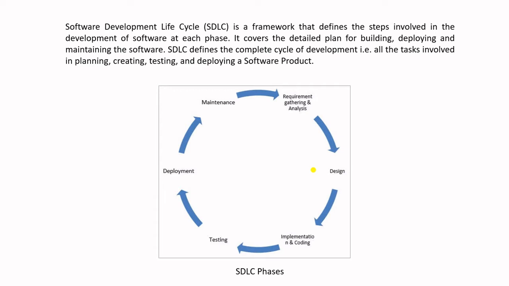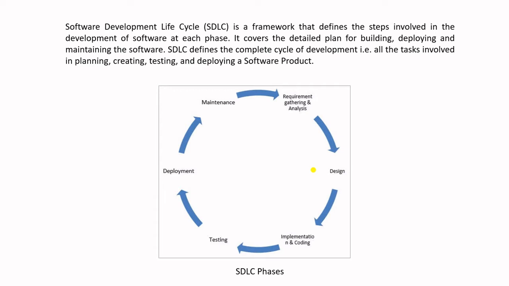Here in this slide, there is an SDLC phases diagram. In this, the first phase is requirement gathering and analysis, and after that the design phase, from design to implementation and coding, and after implementation and coding there is the testing phase, and after that deployment and the maintenance phase.